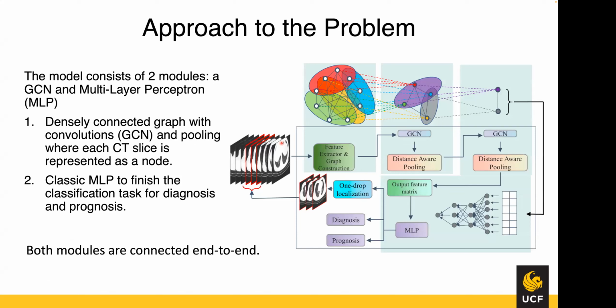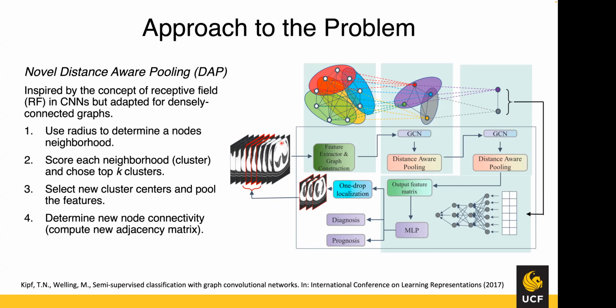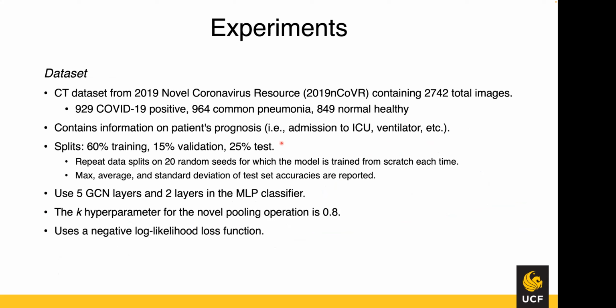Yeah, so the paper wasn't actually too clear on what exactly those labels were for the prognosis. They just said that the data set did have information on if they went to the ICU and the ventilator and stuff like that.